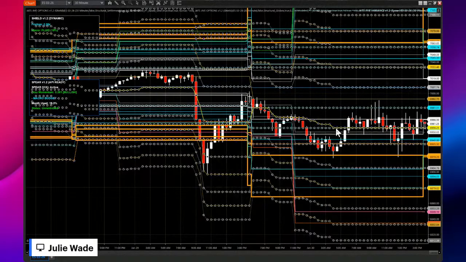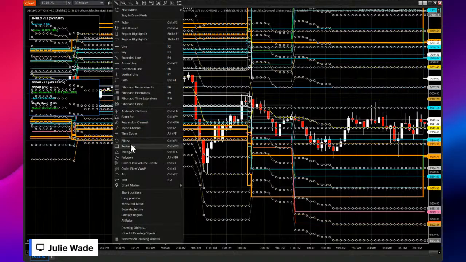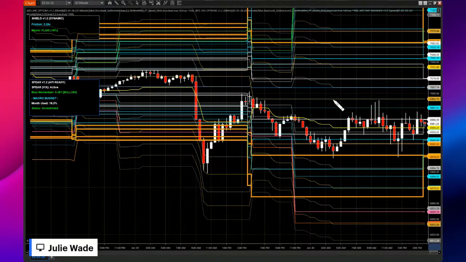Here's the spear one, and there's your structural one. So it stayed inside this zone between the structural isomorphic of the options that we just put on the chart and the dynamic one. There's your bounce box. And you can see that each time it got in there, they were sending it back down.